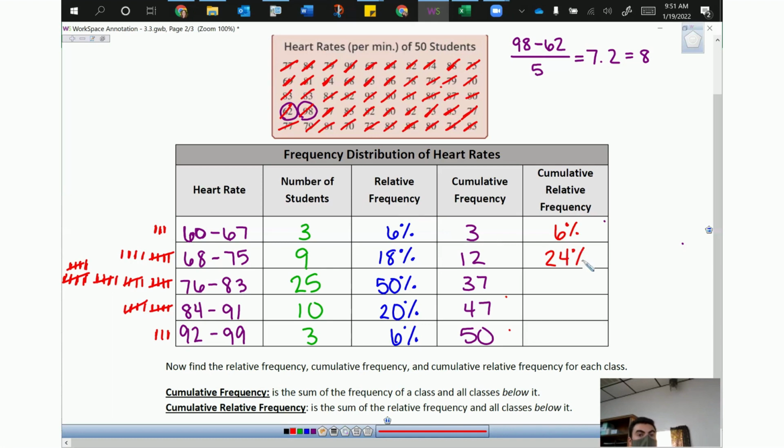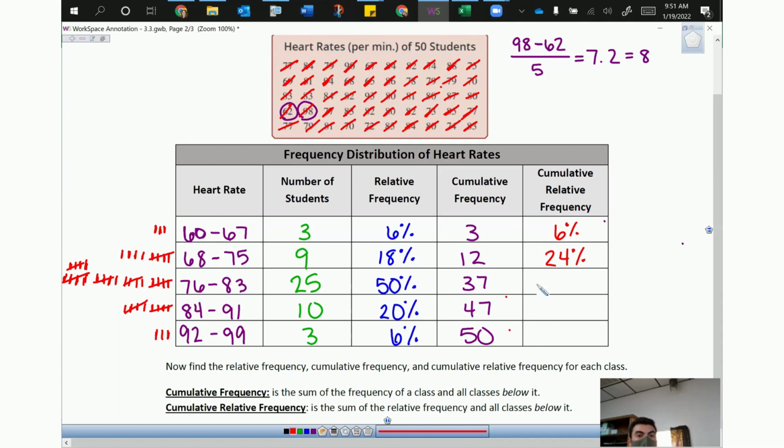So a good question that you might see that would cause you to need to know the cumulative relative frequency would be, what percentage of students had a heart rate that was 75 beats per minute or lower? So you would look here, 75 or lower. So that would mean anywhere from 60 to 75, and that would be the 24%.